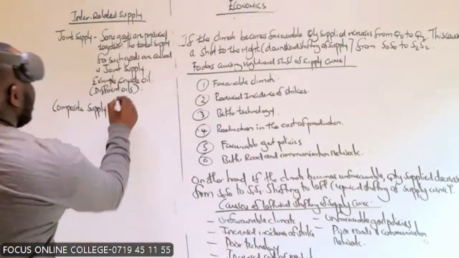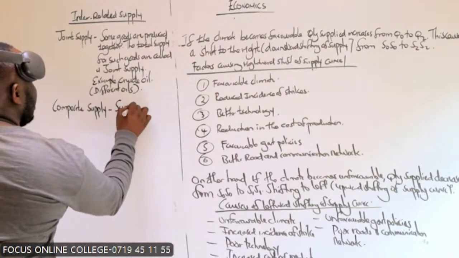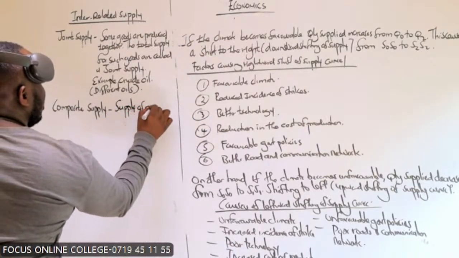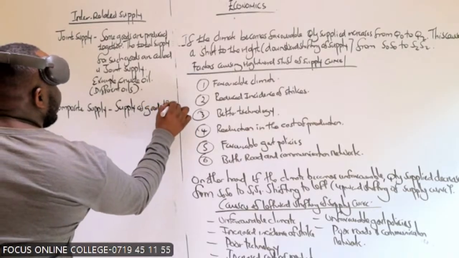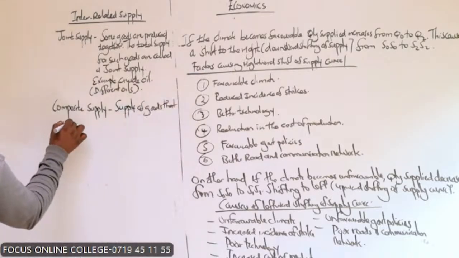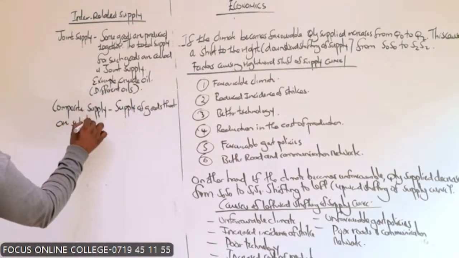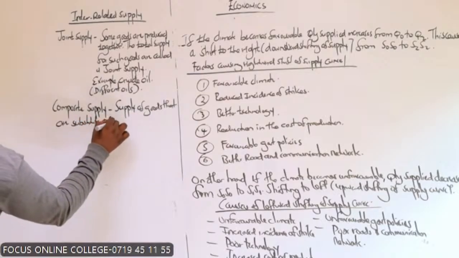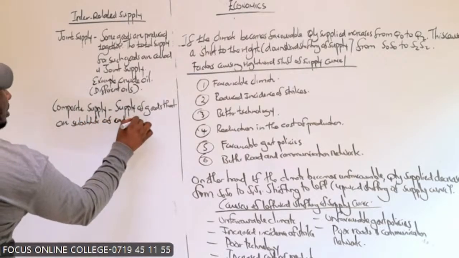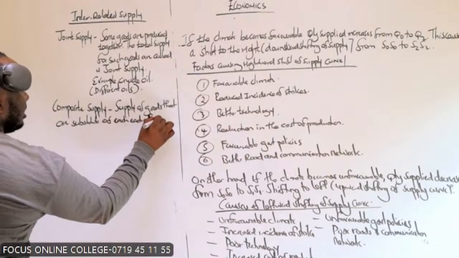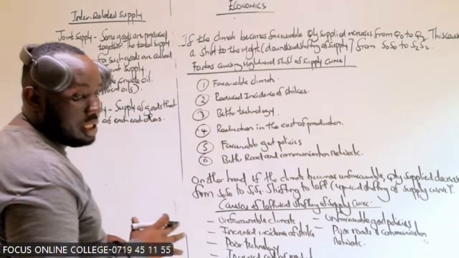Supply of goods that are substitutes of each other, we call it composite supply.